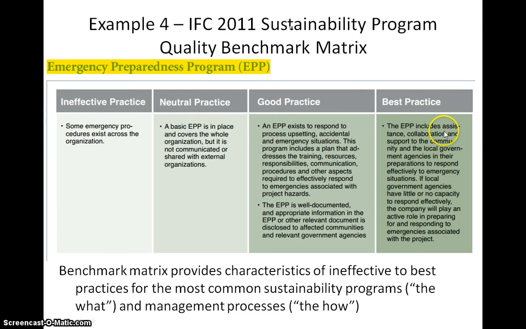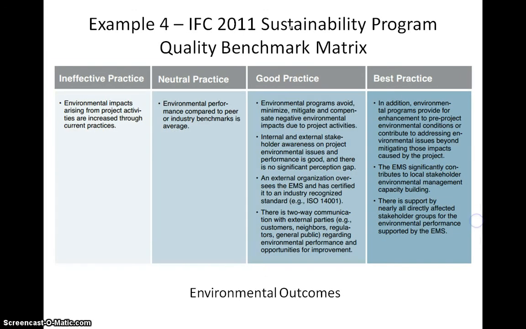Where in a best practice scenario, you have a well articulated plan, and all the sectors involved within the organization are aware of this, and you also have very good community support. Similarly, for the environmental outcomes, you also have 4 levels from ineffective to best.